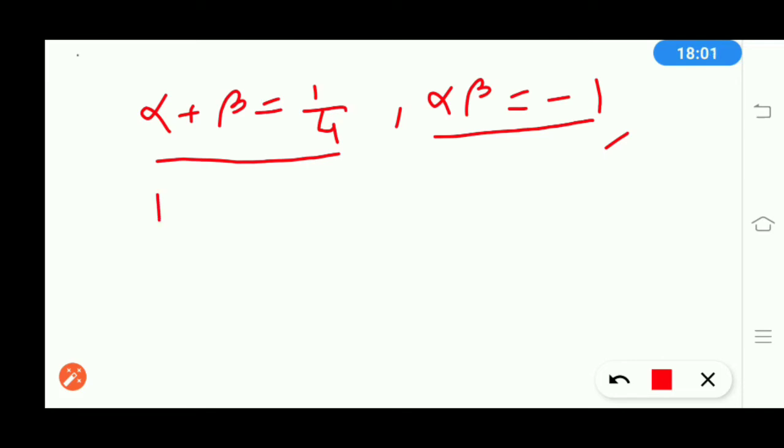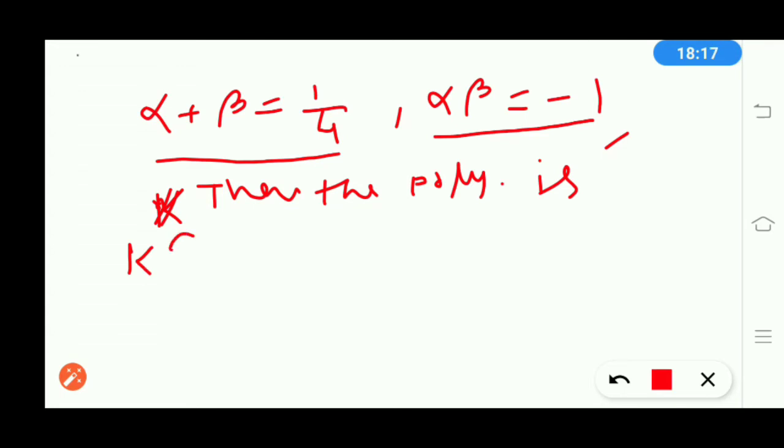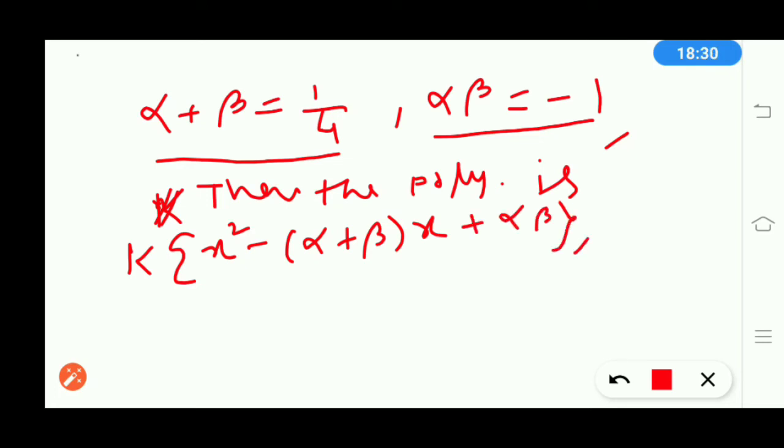Now we know this formula for the polynomial: k into x square minus (alpha plus beta) into x plus alpha into beta, where k is a constant.